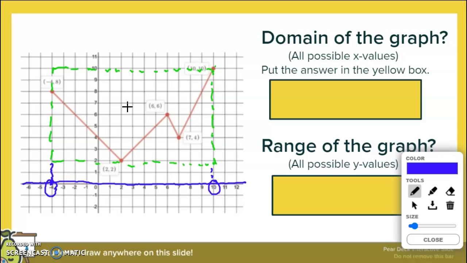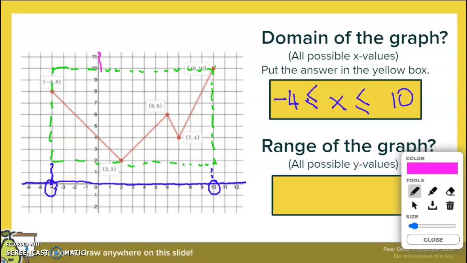So it goes from negative 4 to positive 10, and we're dealing with x values because we're dealing with domain, and the alligator mouth would open like this. That means all possible x values between negative 4 and 10. Now let's consider range. That's all possible y values.